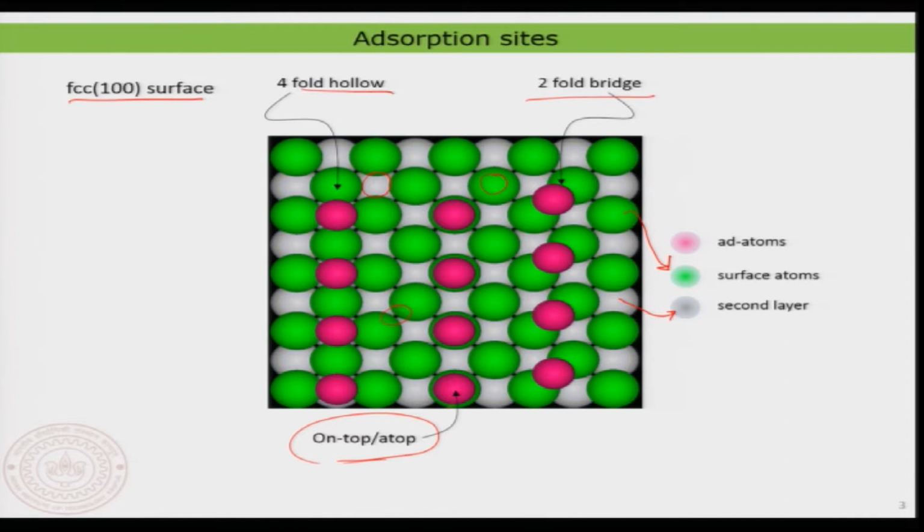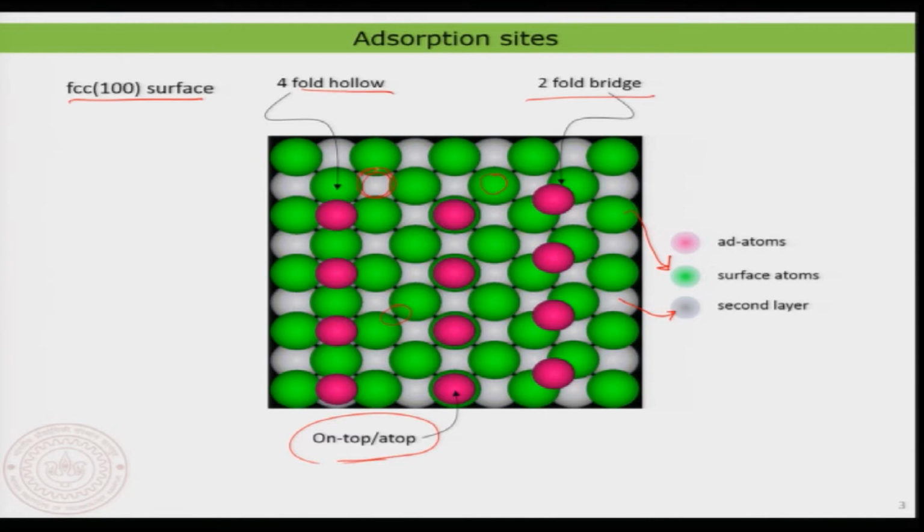The name itself suggests what it means. So, this is a 4-fold hollow site, because you can see there is no atom in the first layer, the atom is in the second layer, therefore it is a hollow site. And this, for example, is a very favored site for adsorption. You would imagine why that is.